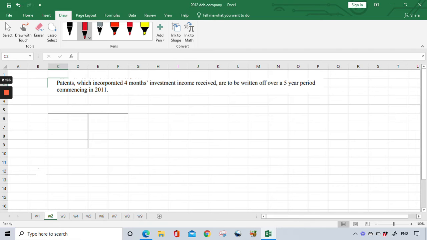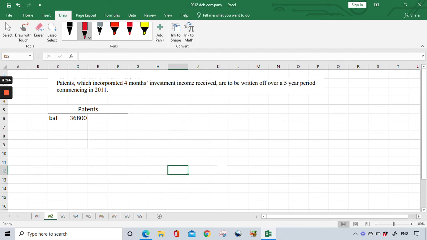Working 2 is the patents note. Patents, which incorporated 4 months investment income, are to be written off over a 5-year period commencing 2011. So I go back to the trial balance and I get the patents opening balance, which in this case is, so this is my patents account, and the opening balance is on the debit side and it is 36,800.